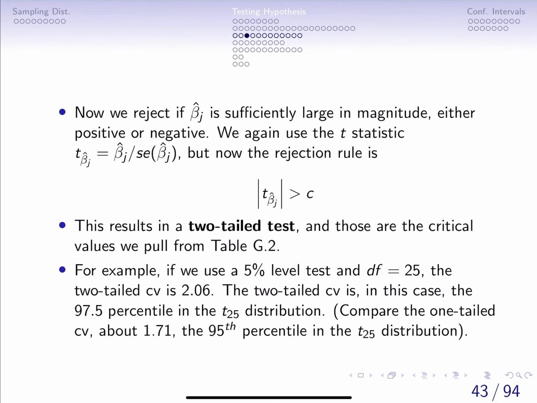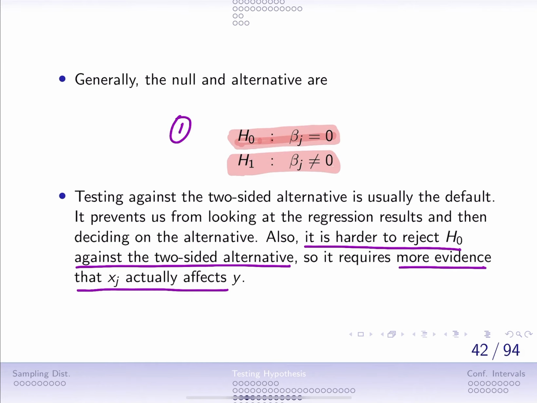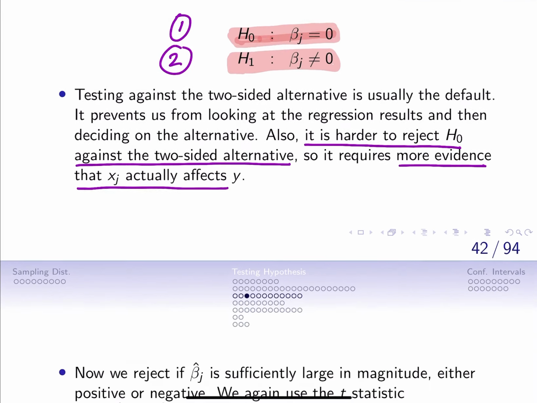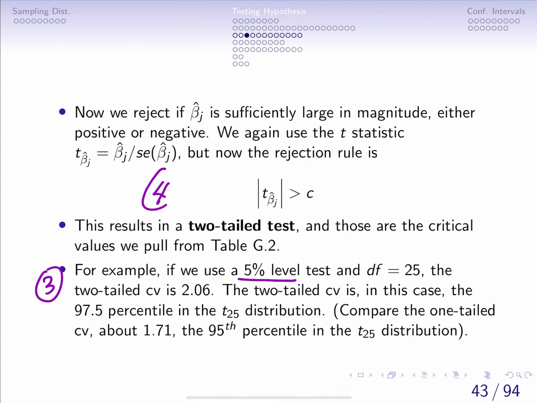Because we've set up the null hypothesis and alternative hypothesis, these are our first two steps, like we had described earlier. The third step is choosing a critical value for the test. Typically, that's 5%. And the fourth thing we want to do is have a rejection rule to carry out the test.